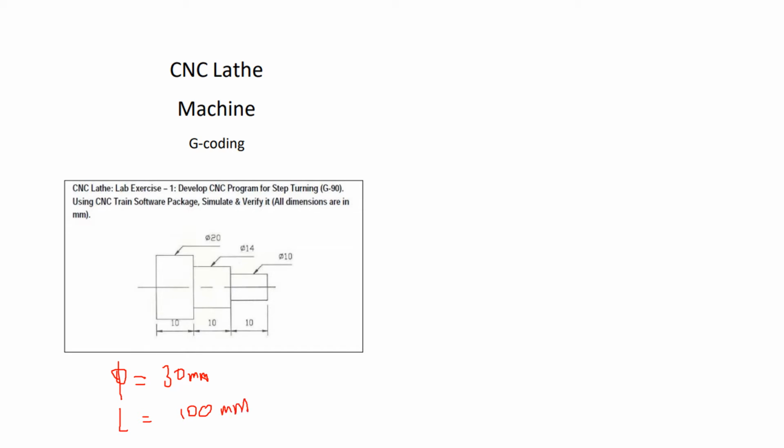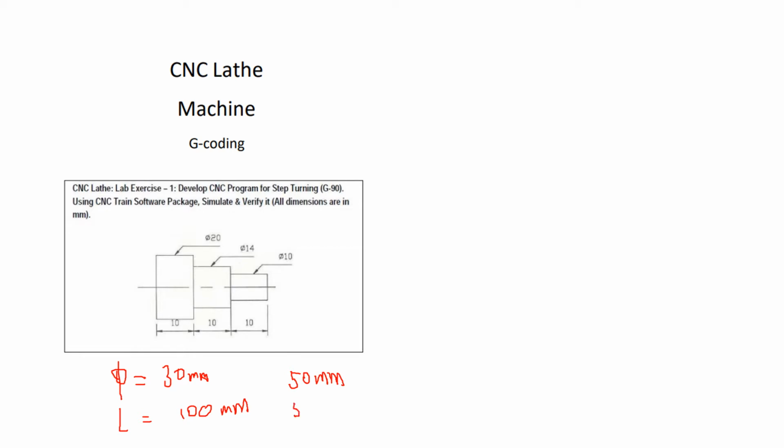Let's consider this as an aluminum rod. When we insert the workpiece into the chuck, let's say 50 millimeter of it has gone inside the chuck and the remaining is 50 millimeter.